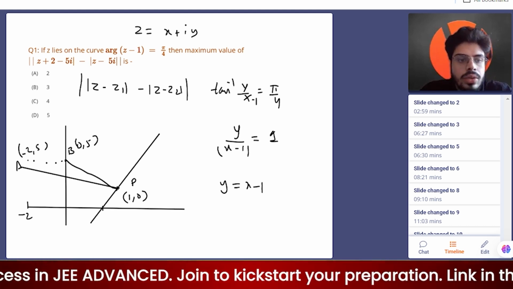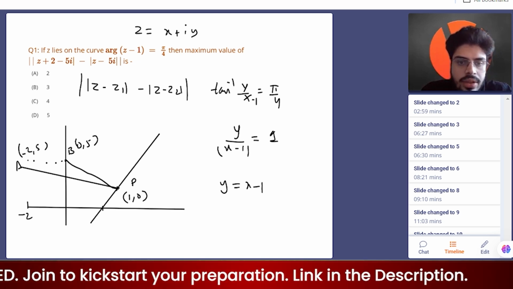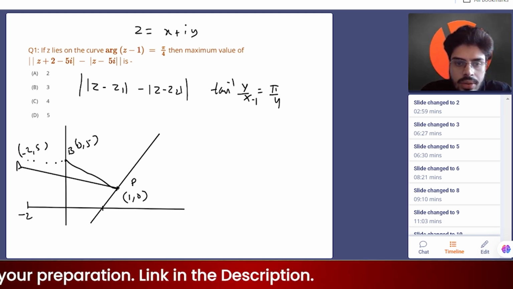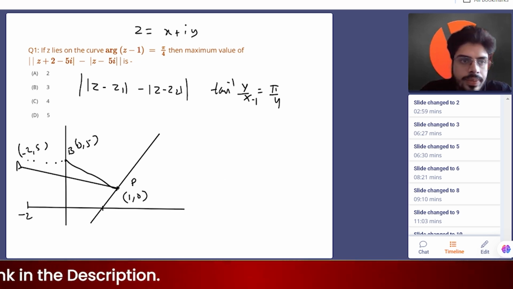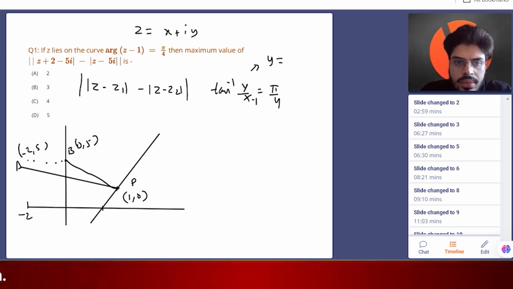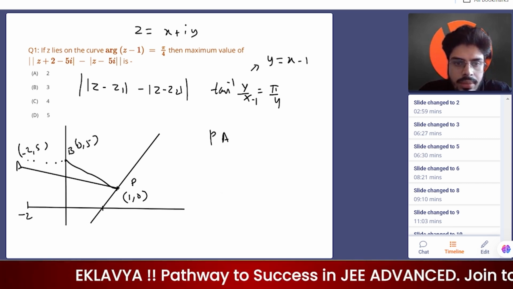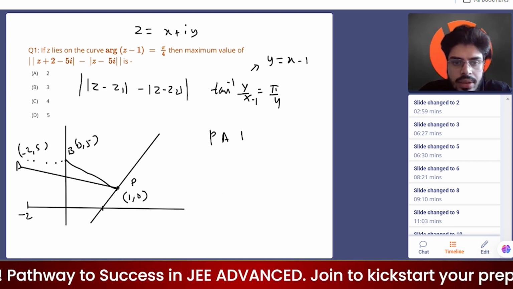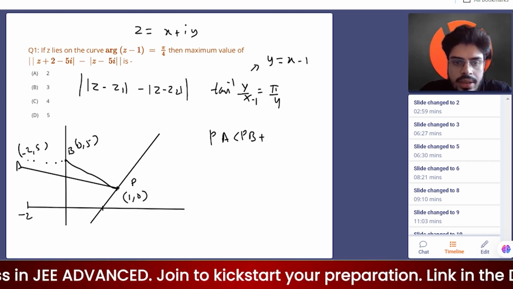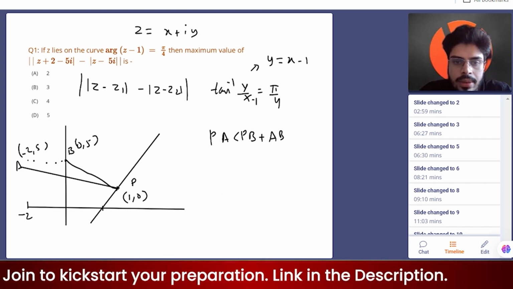So what can we say? If we see the triangle, on this line y equal to x minus 1, we can say that PA must be less than PB plus AB.